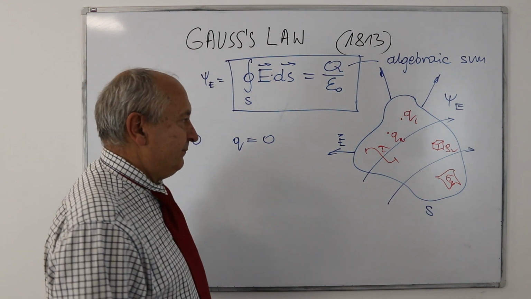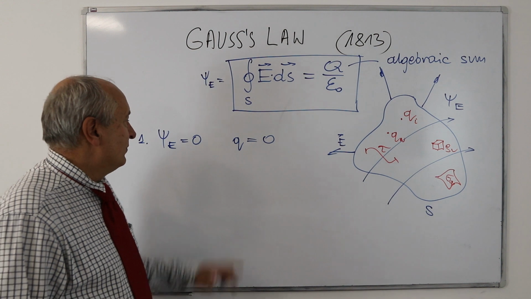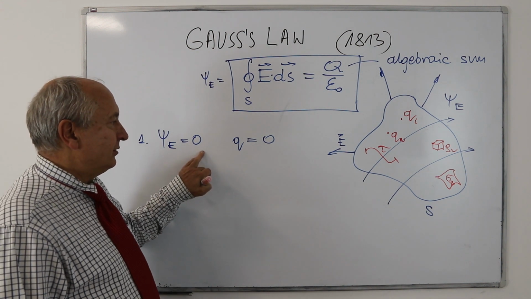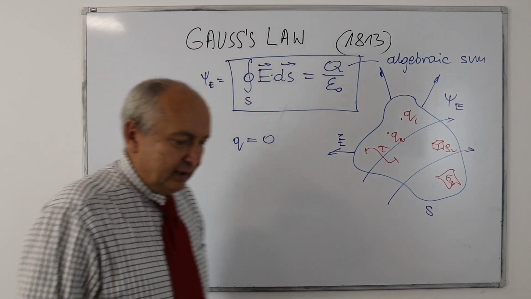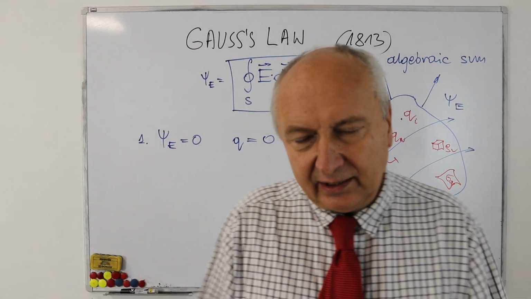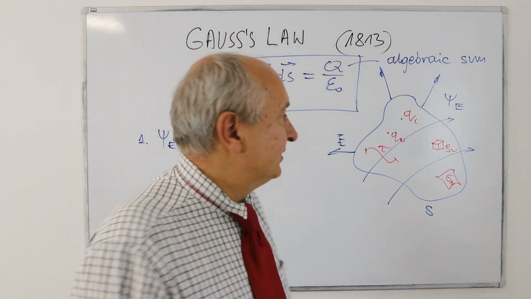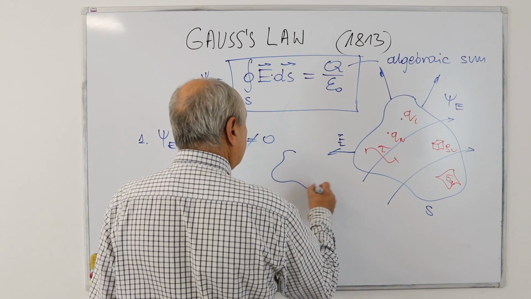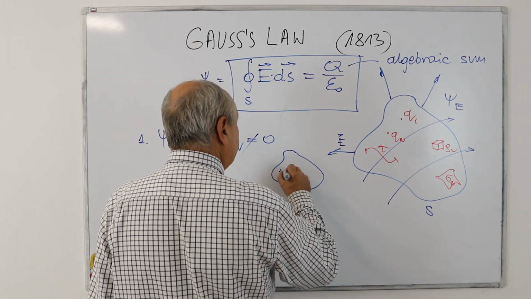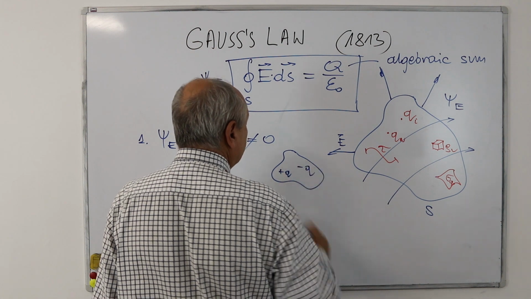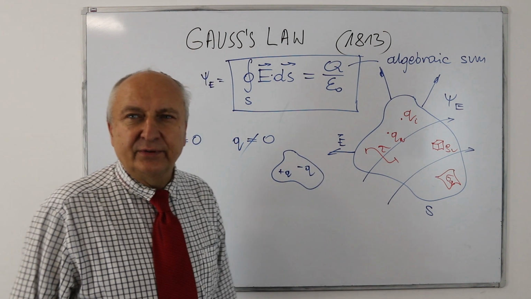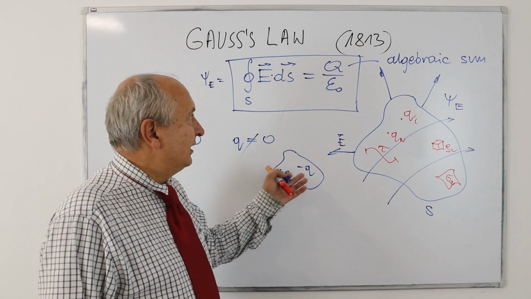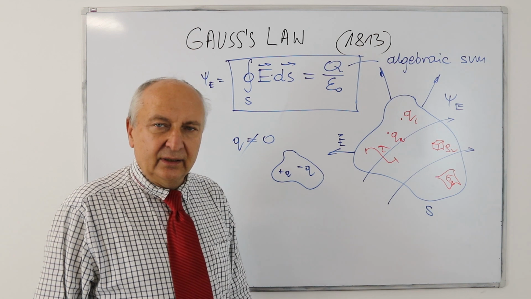But my question is, if we have flux equal to 0, can we say that we don't have charges inside? We can't say this, because we can have, for example, plus Q and minus Q. And so, as you see, we have charges inside, but the algebraic sum of the charges is equal to 0.